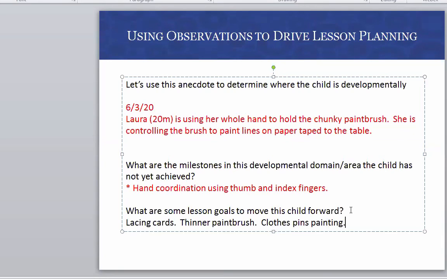So the paper right now is taped to the table. Is there anything we can do to make that where she has to work a little more deliberately? Without the tape? Okay, that would make it harder, wouldn't it? She'd have to use both hands and focus in a bit more, right? To hold it down.